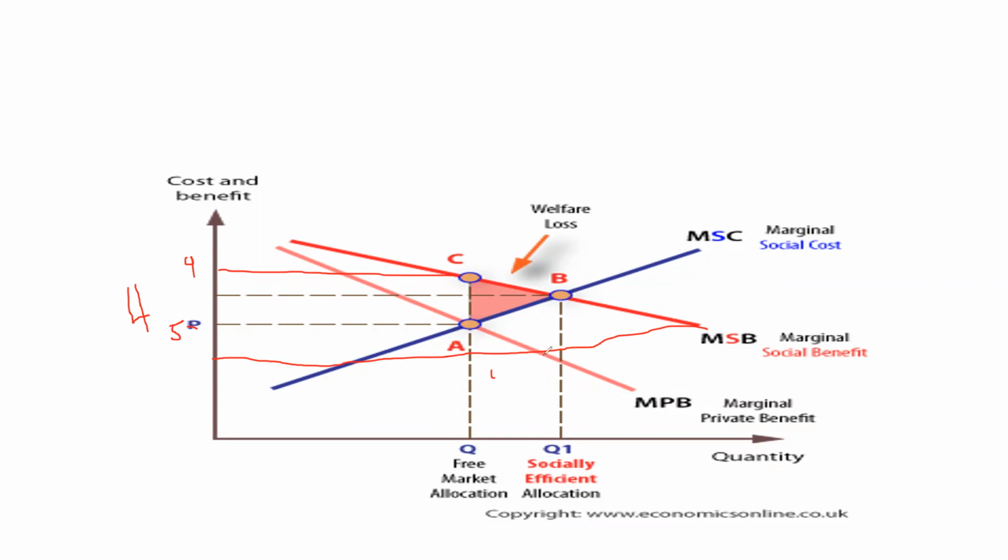And even though here people are going to be demanding a lot, and I'm going with the MPB because there's no subsidy, right? People are going to be demanding a lot, but we're going to be supplying only here. So it doesn't matter what people are demanding. They can only purchase what's actually supplied. So this hurts us, right? It gets us further away from socially optimal. So it doesn't cure the positive externality in that respect.